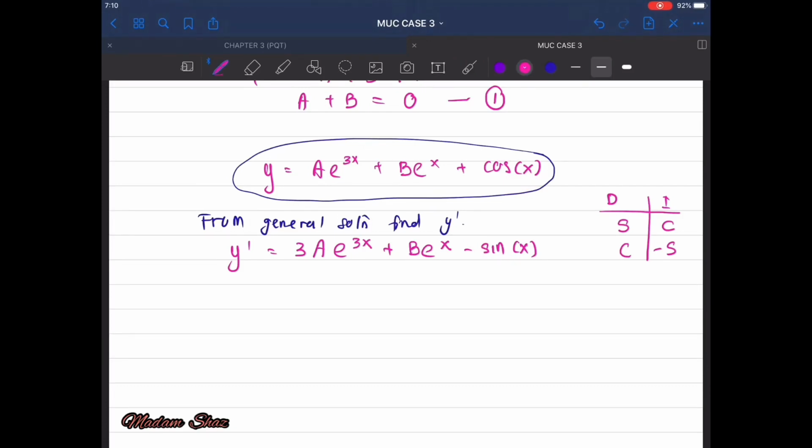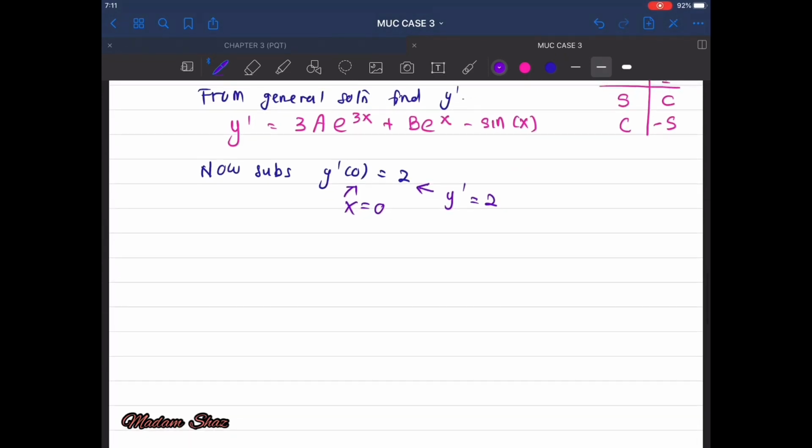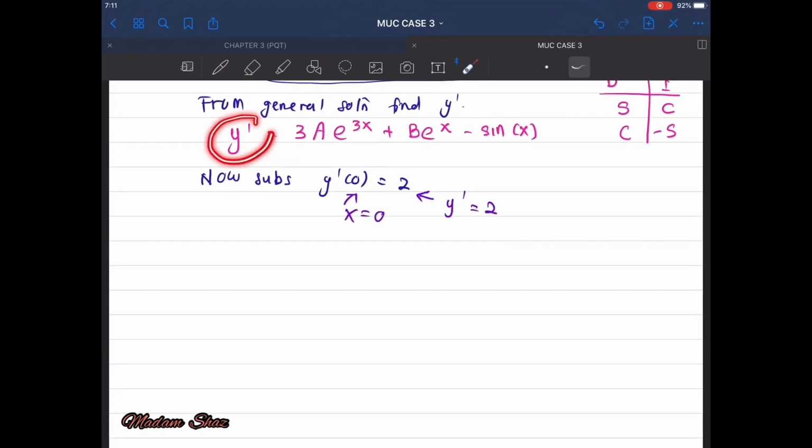So from this y prime, now we can substitute the given condition. Now substitute y prime (0) is equal to 2. So x is equal to 0, y prime is equal to 2. So any position of x will become 0.